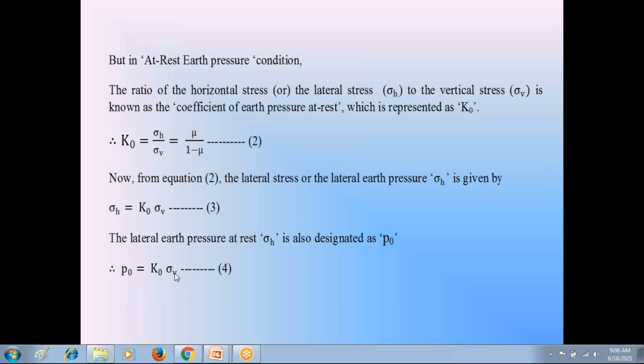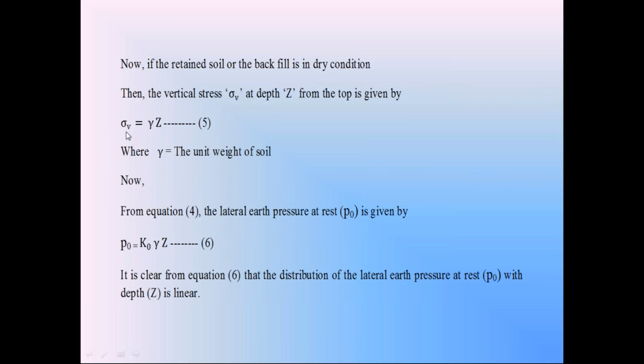We know that the vertical stress sigma v at a depth z from the top of the backfill is equal to gamma into z. Gamma is the bulk unit weight of backfill soil in the partially saturated condition, and z is the depth from the top of the backfill.